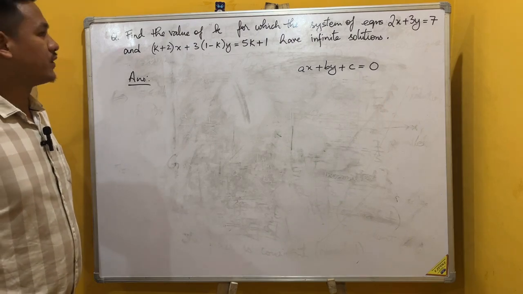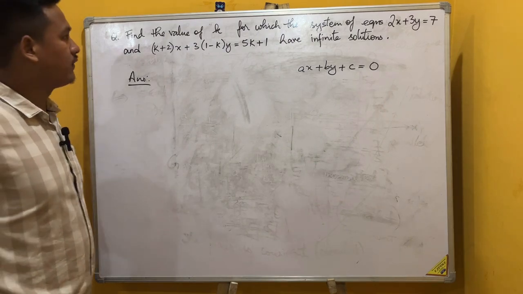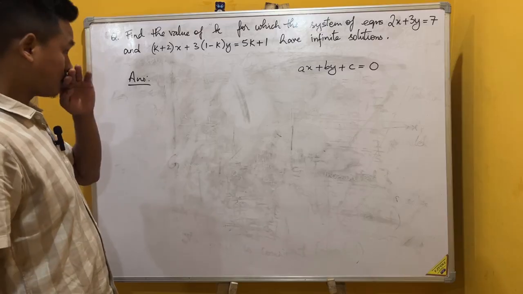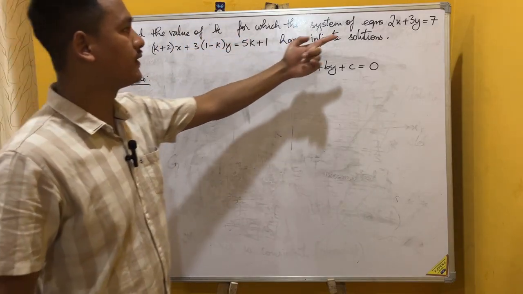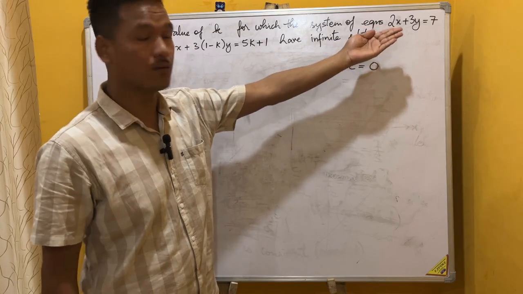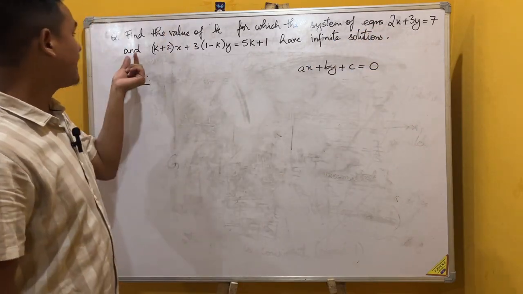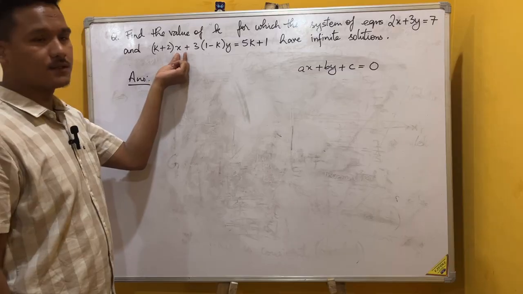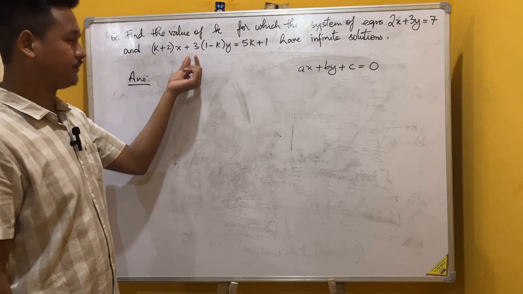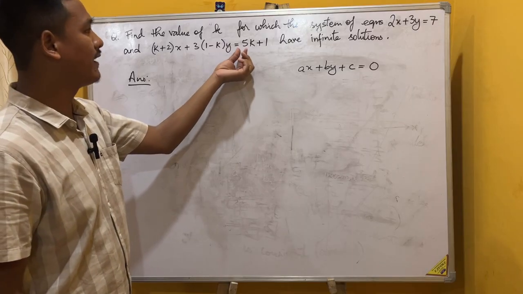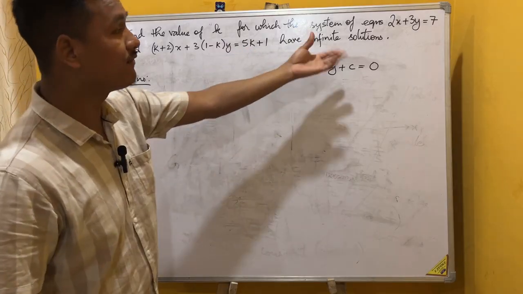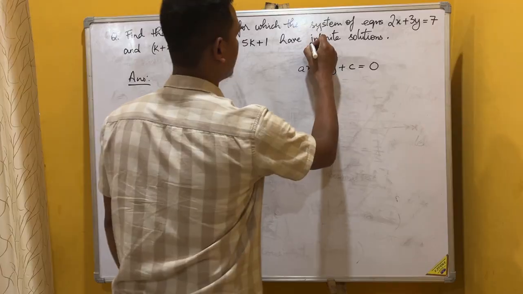Okay, this is another question similar to the previous one. Find the value of k for which the system of equations 2x plus 3y equals 7 and (k plus 2) times x plus 3 times (1 minus k) times y equals 5k plus 1 have infinite solutions.